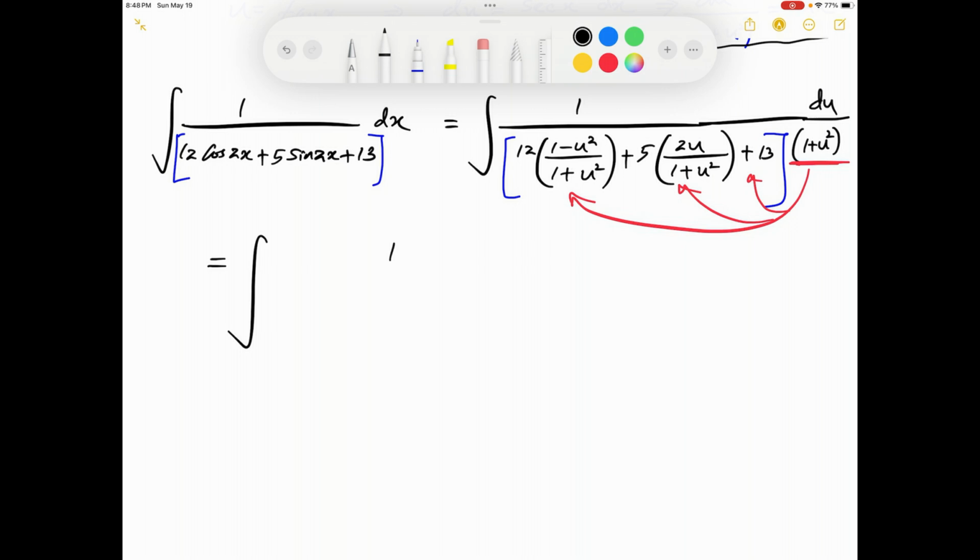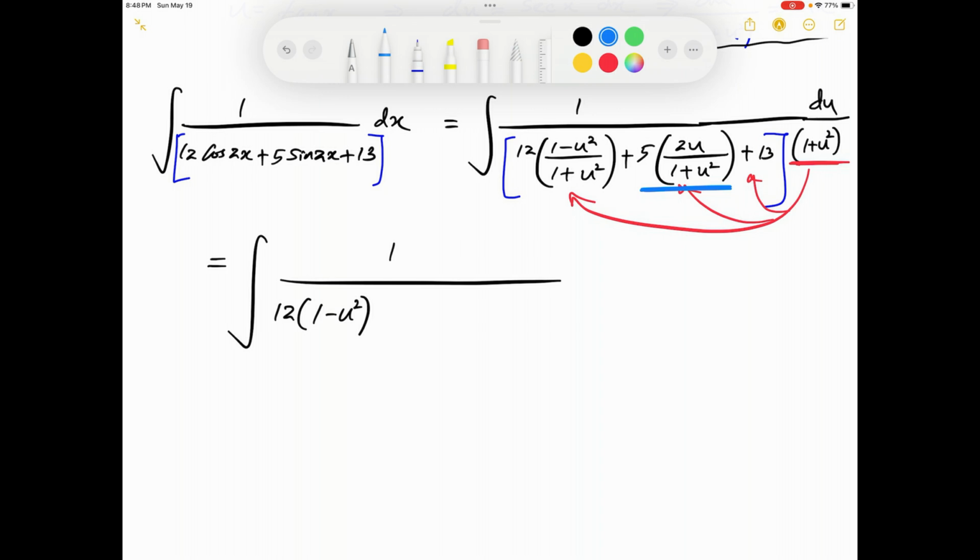integration 1 over, when I multiply 1 plus u squared times the first term right here, since that term also has 1 plus u squared in the denominator, the 1 plus u squareds will be cancelled. Therefore, I'm only left with 12 times 1 minus u squared. The second term also has 1 plus u squared as a denominator.